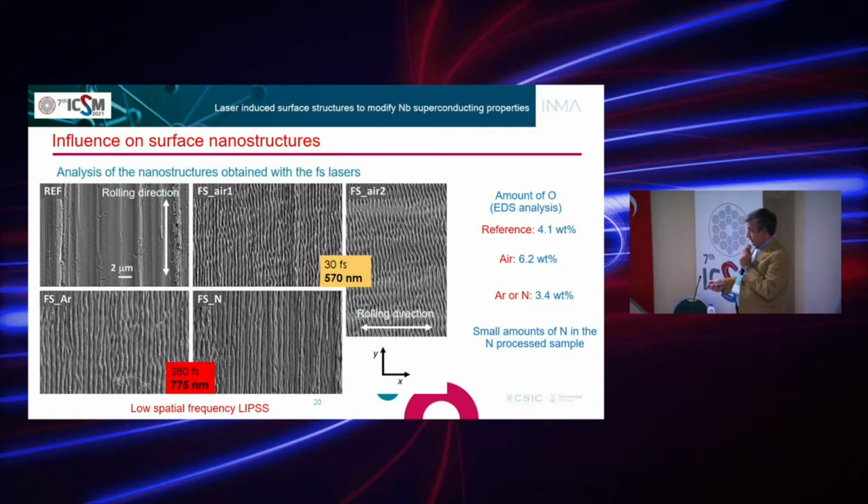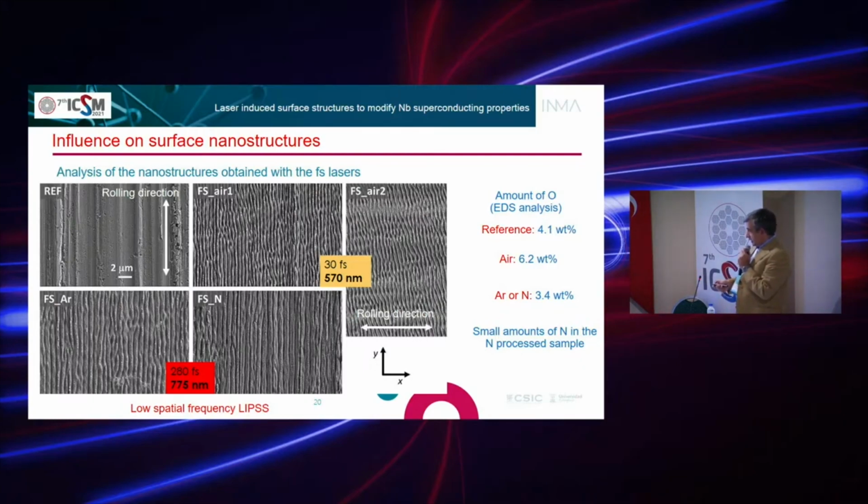Clearly, you can see the defects associated with the rolling direction, or with the rolling protocol that was suffered by the surface. And you see that the aspect is similar. You can compare, in this case, the 30 femtosecond laser and the 280 femtosecond treatments.